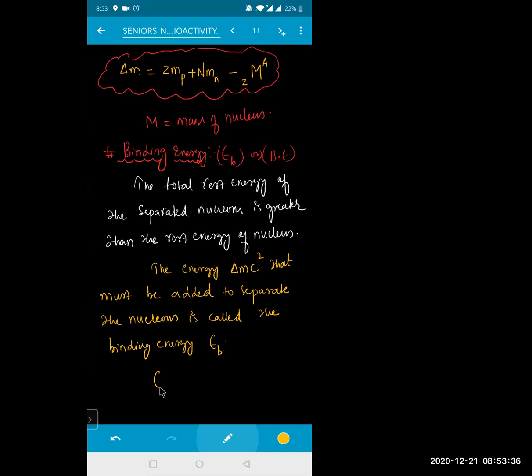Okay, so binding energy EB will be equal to delta m into c square.